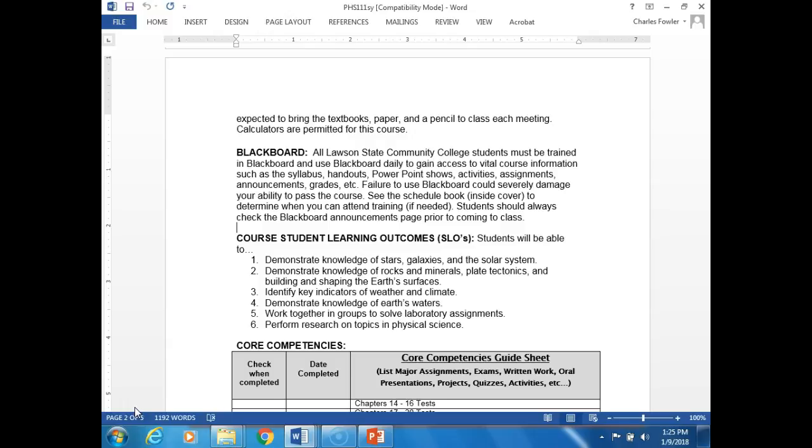Activities. Now sometimes the school posts activities on Blackboard, so look for those. We will have at least, hopefully, 2 activities that we will do. One of these is after chapter 15. We'll do 13, 14, and 15. After chapter 15, that's the astronomy 3 chapters. I'm going to try to schedule us a field trip to go to the planetarium at Stanford University. Really neat.